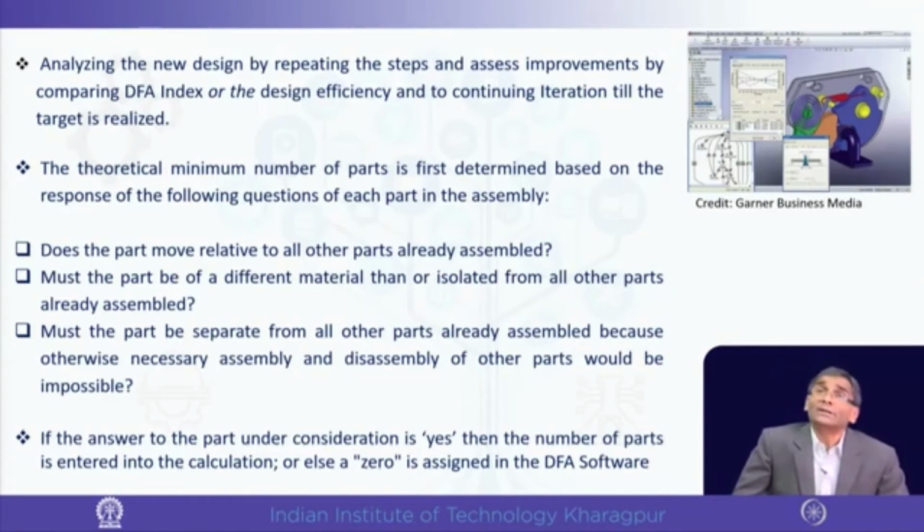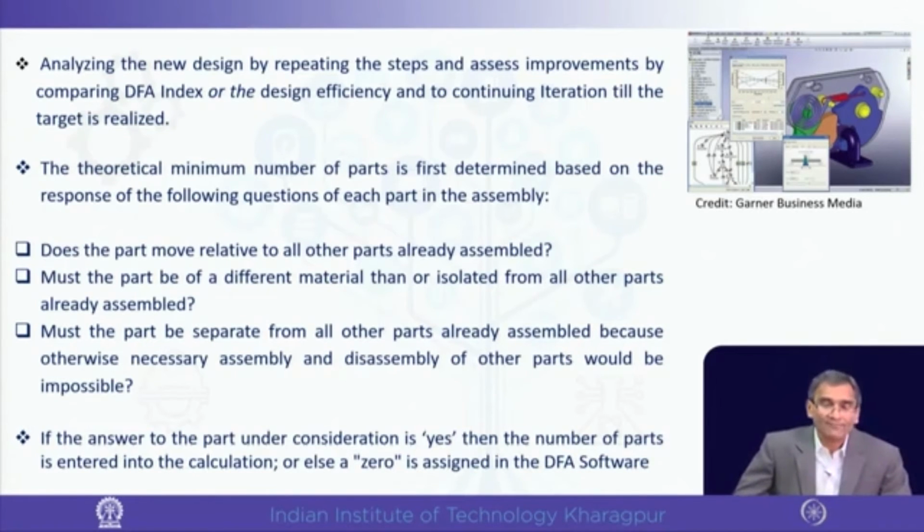So, what are the criteria by which it is to be identified? If a part has to move in relation to another, say the shaft will rotate with respect to the housing in a bearing, then there is a movement. If the shaft had to be fixed to that body, then it could have been one part, but since there is relative motion, these are two parts.